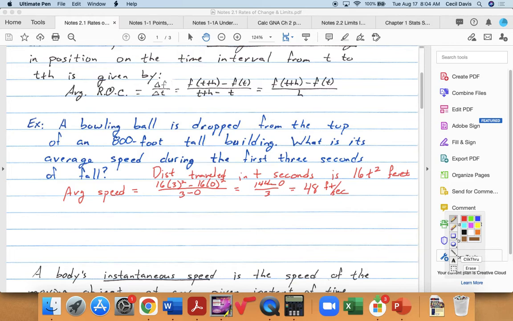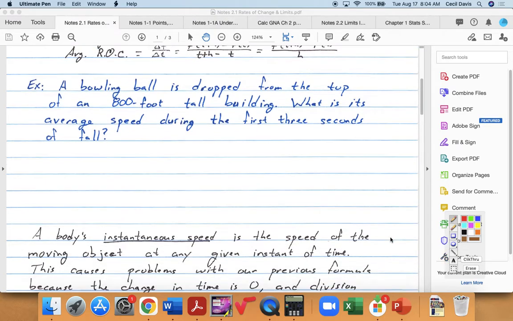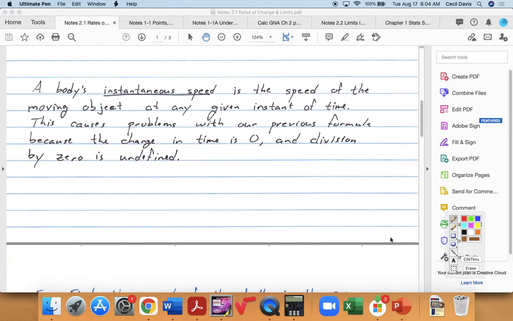That's fairly straightforward. As long as you know the equation for the motion, you can figure out the average rate of change in the position, or the average speed. One other thing we're interested in is the instantaneous speed.